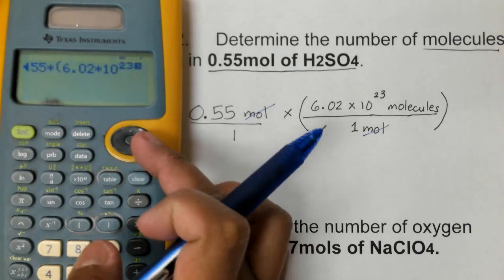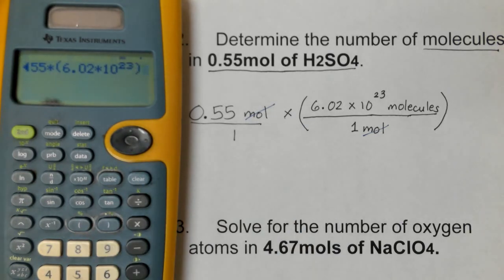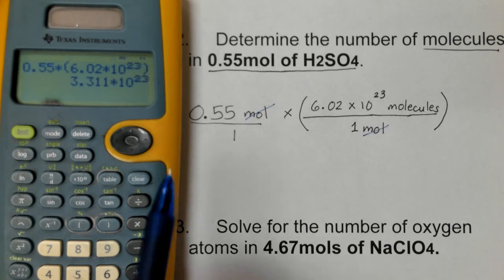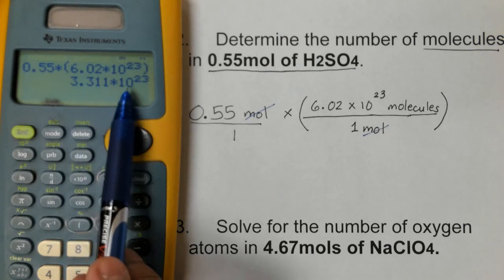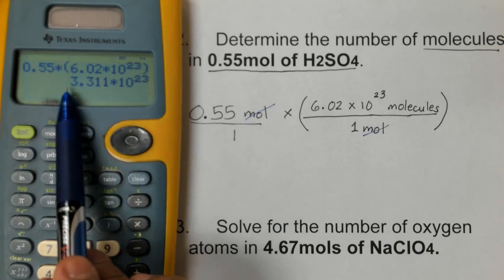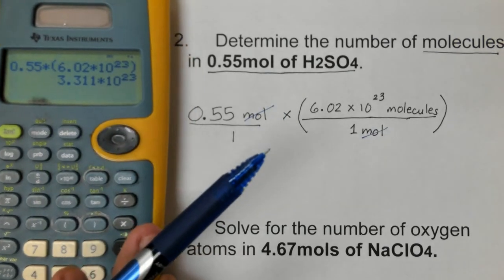And then I press the arrow to the right to close the parenthesis to make sure that the whole quantity is isolated when it's calculating. Then press enter, and then you will see 3.311 times 10 to the 23.